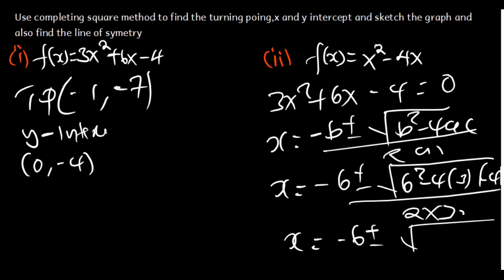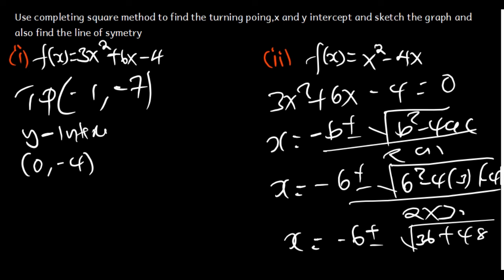So x is going to be equal to negative 6 plus or minus. Inside here we are going to have 36. Then this is going to be plus 12 times 4, which is 48. So we have plus 48 here.